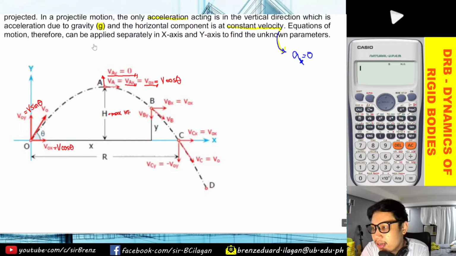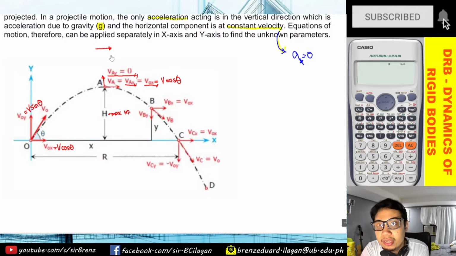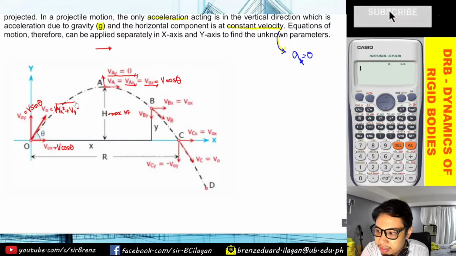Kasi kung i-analyze mo, since wala ka nang v sub A y, ang only component na nagre-represent sa kanya is yung x component. So, kung kukunin mo yung resultant, paano nga natin makukuha yung v sub o dito? Di ba ito ay equals lang sa square root ng v x squared plus v y squared.